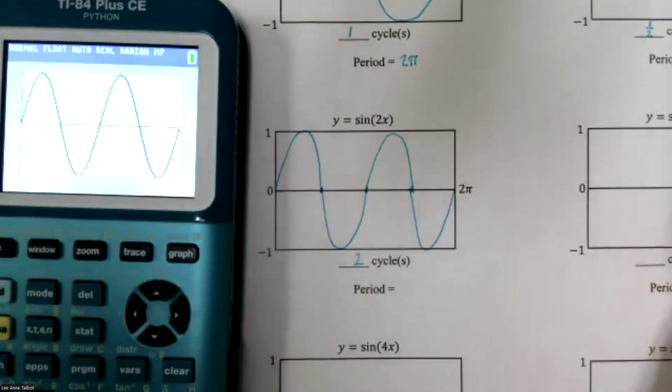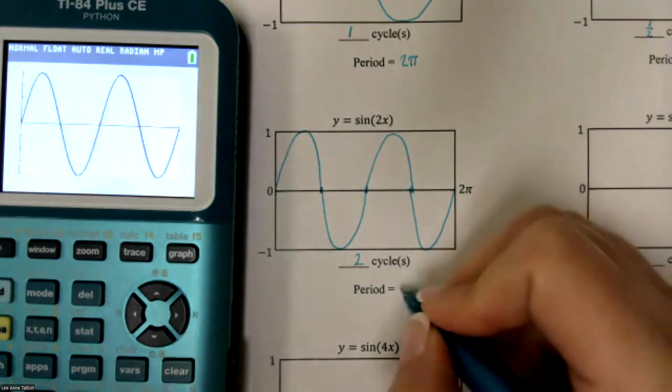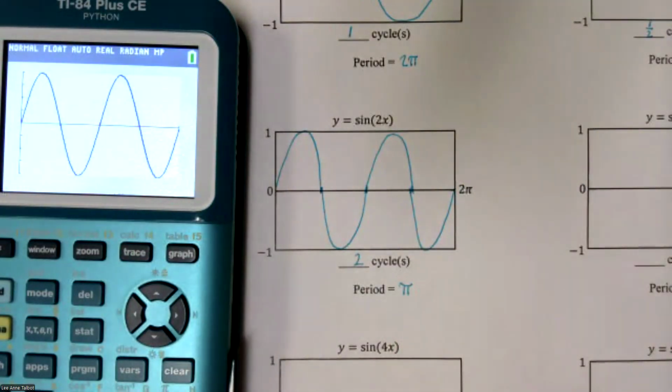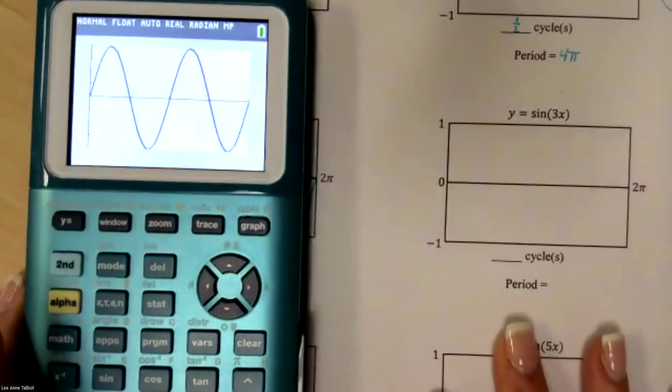It's 2 cycles every 2 pi. So that means the period is pi. This is my least favorite one of the whole thing.